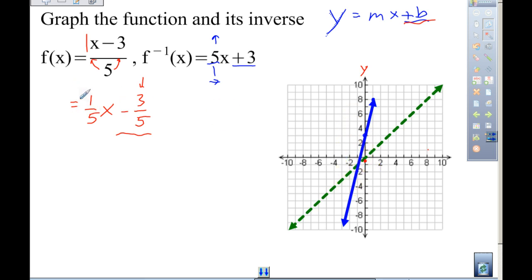And then we have to move up 1 and right 5. Up 1, and right 5. Right about there.